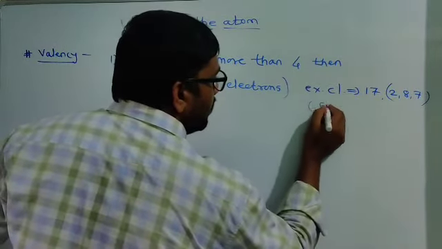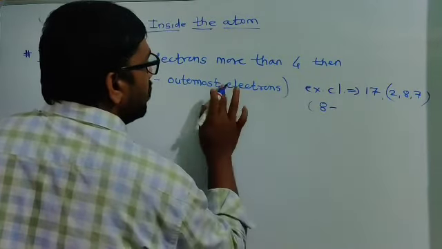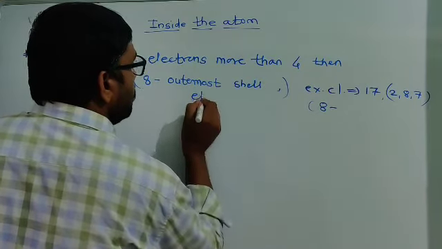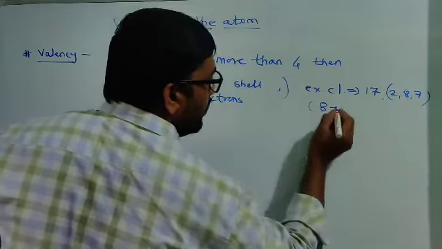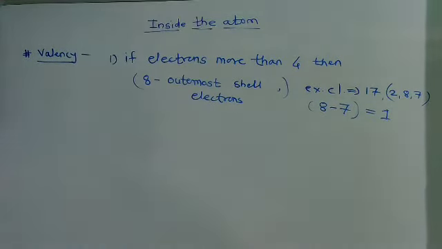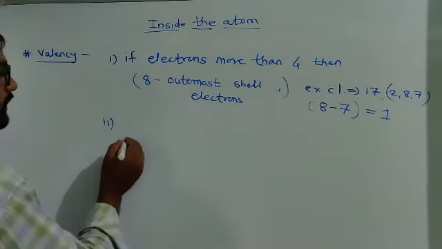We just take 8 minus the outermost shell electrons. So 8 minus 7 will be 1. So the valency of chlorine is how much? 1.